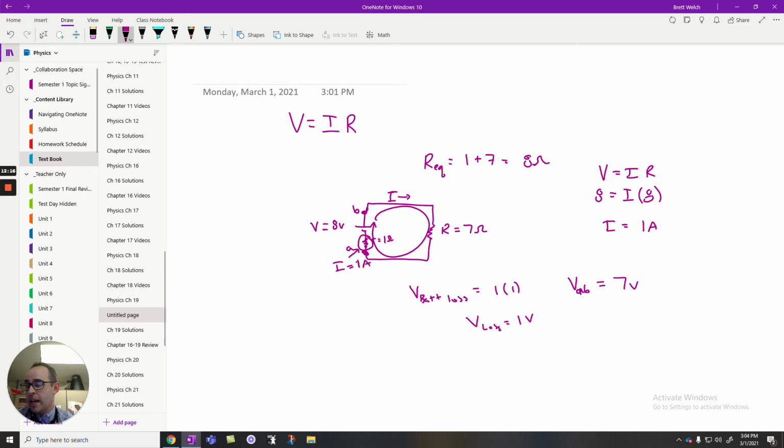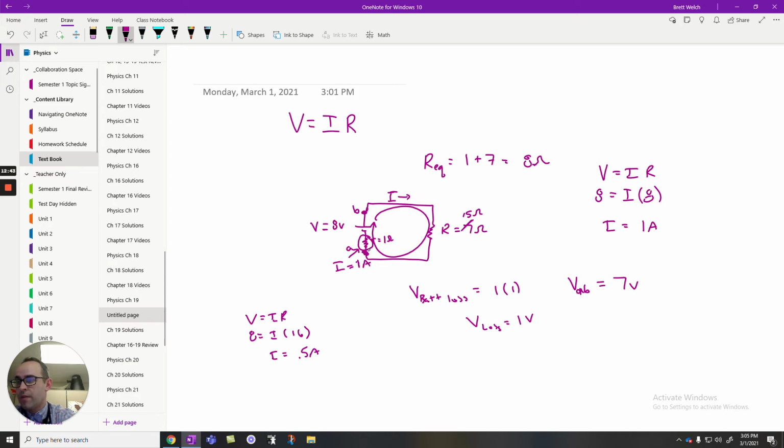Now, let's say I hooked this up not to a 7 ohm, but let's imagine that this was a 15 ohm. If that was the case, so I'm changing the problem now, my total resistance would have been 16 ohms, and V equals IR, I would have had 8 equals I times 16, so current would have been 0.5 amps.